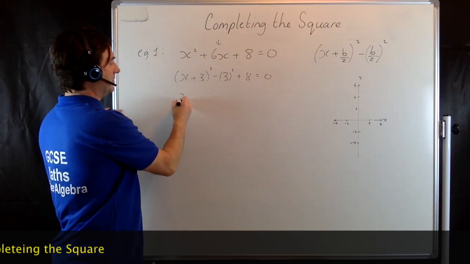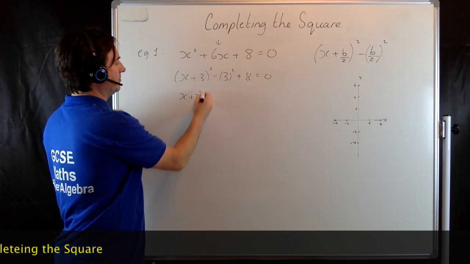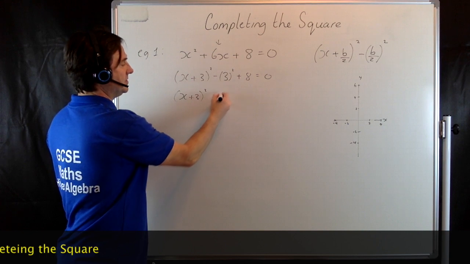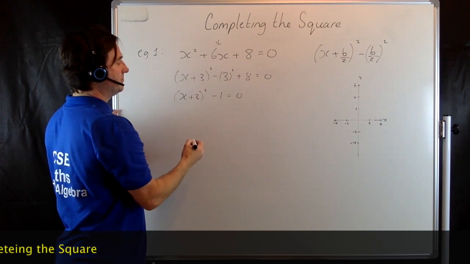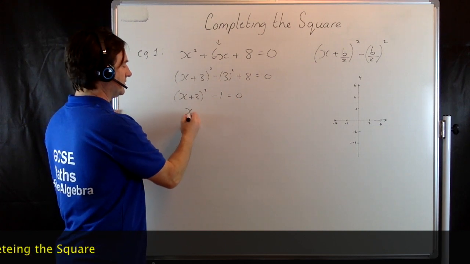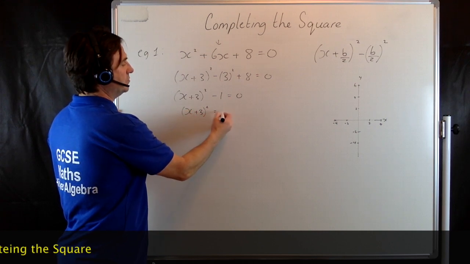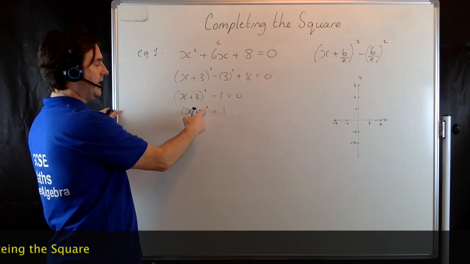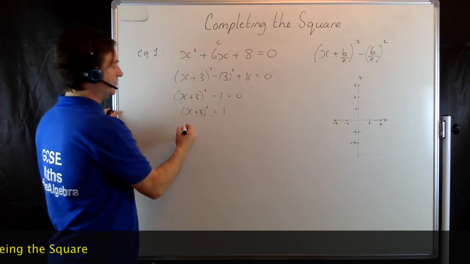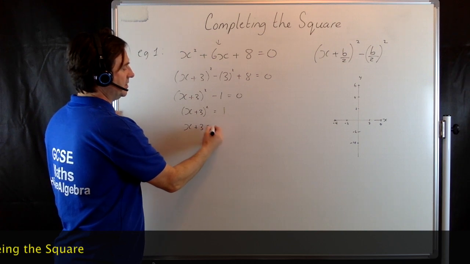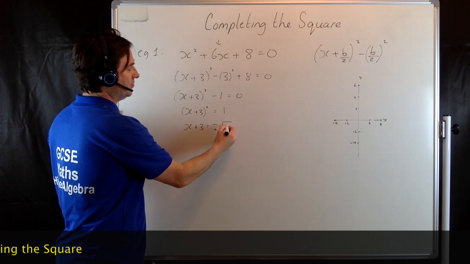If I tidy that up, I'm going to have x plus 3 squared, take away 9 plus 8, which is negative 1, equals 0. If I take the 1 to the other side, I get x plus 3 all squared equals 1. I now want to find the square root of 1, so square root both sides. So x plus 3 equals plus or minus root 1.